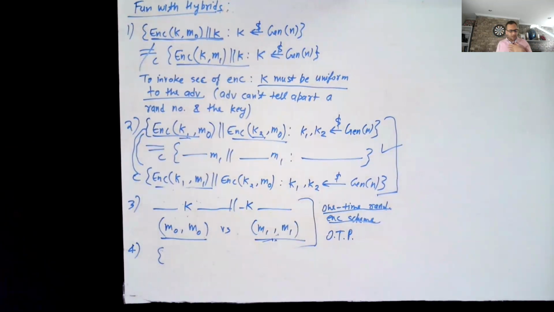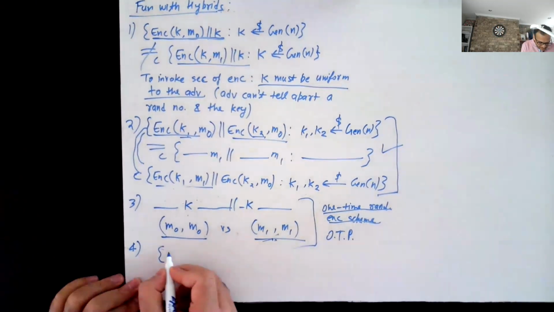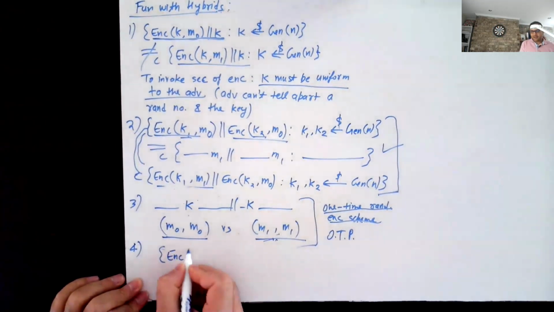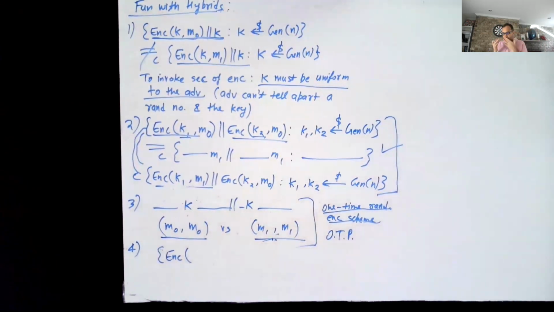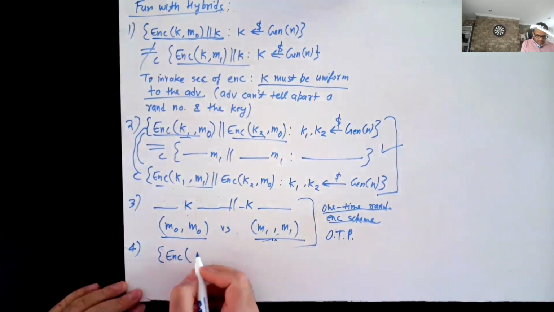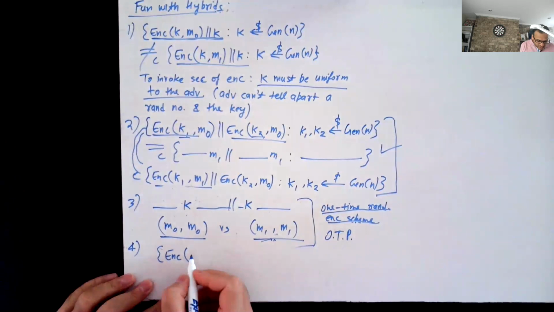So now what you do is, I have a randomized encryption scheme and I use the same randomness multiple times.